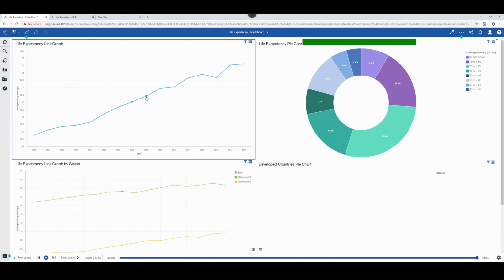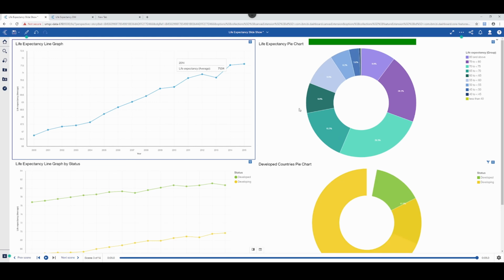If we click through these data points, increasing the year, we can see the life expectancy pie chart update, and we can see that higher life expectancy age groups are getting bigger, while the smaller ones are either disappearing or becoming smaller. All right, so let's put it back and move on to the next scene.